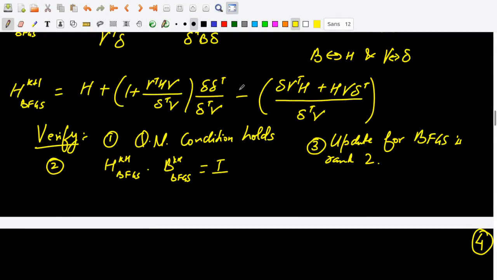It's obvious to see that this term has rank 1. It's not very obvious why this term has rank 1, but it does.